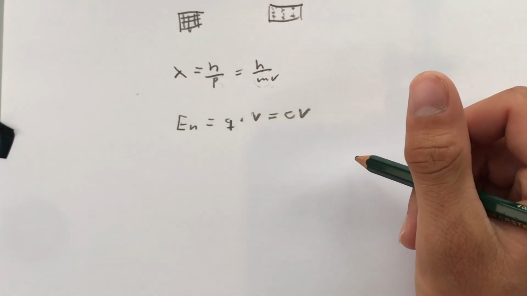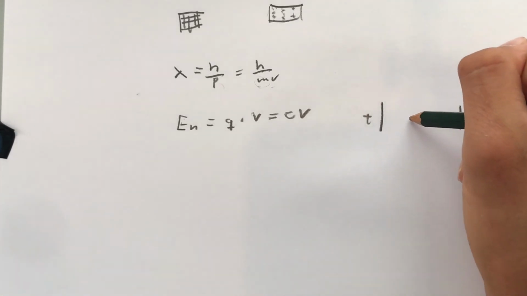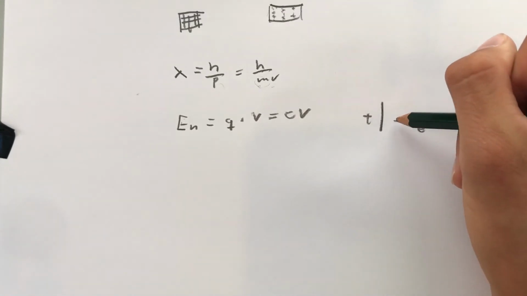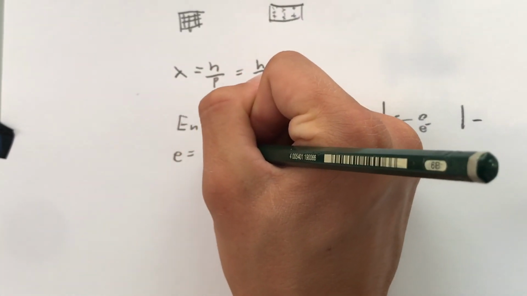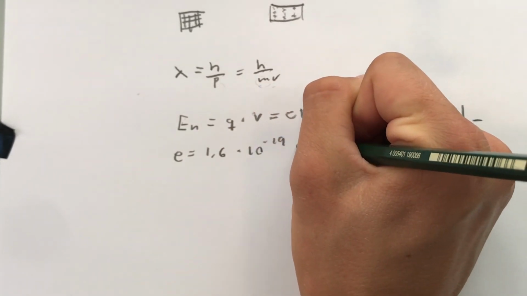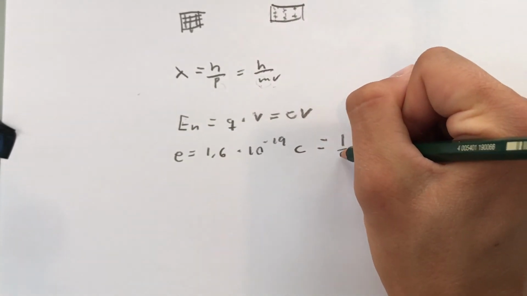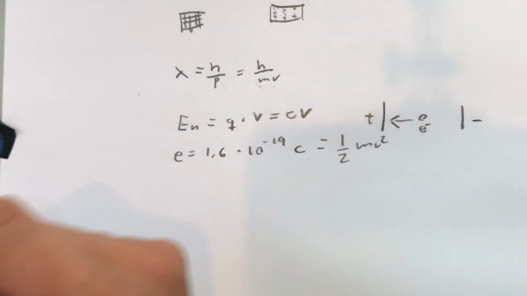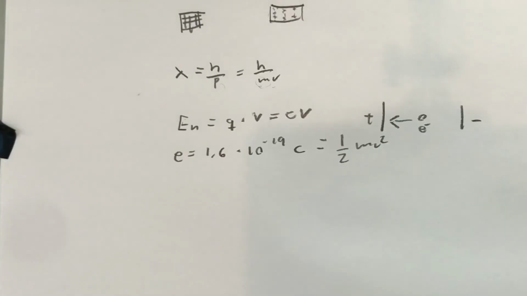What I mean by that is, if you have two plates, one positive and one negative, and you put an electron in here, that electron will be attracted to the positive plate with that force. And we know that an electron has a charge of 1.6 times 10 to the minus 19 coulombs, or a half mv squared, which is the kinetic energy. So we know that these terms should then equal.